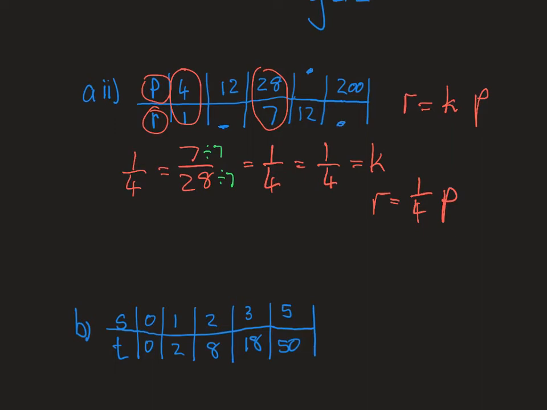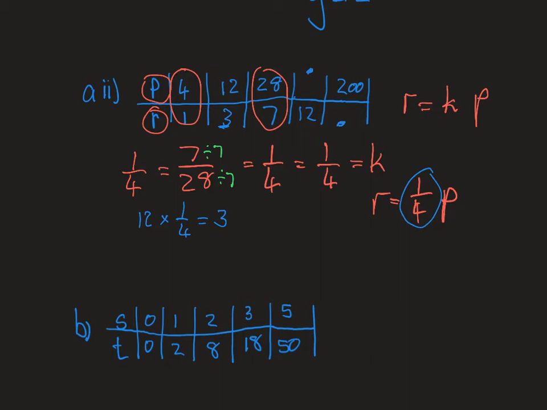So we need to figure them out. So going from p to r, we times by a quarter. So we go a quarter times 12, and if you use your calculator, you will see that that's equal to 3. So this value is 3.